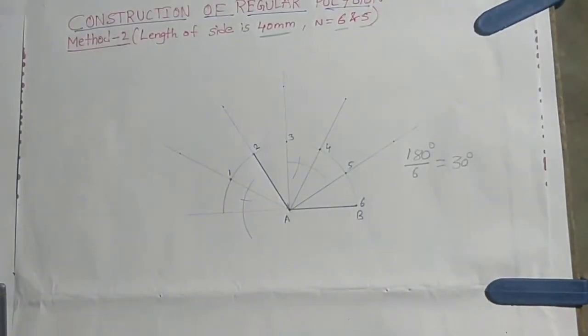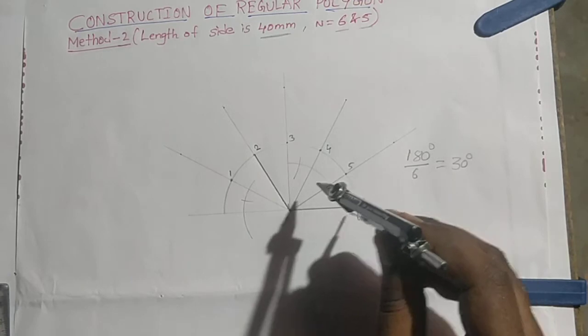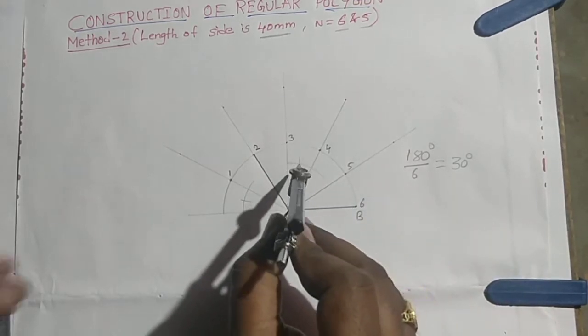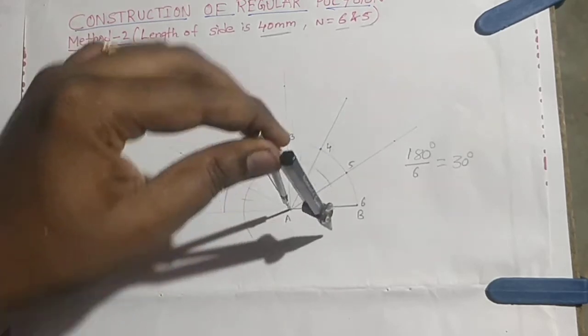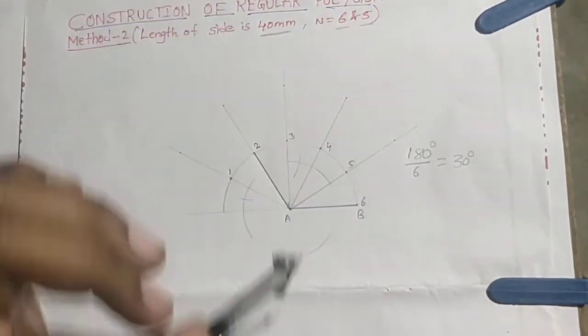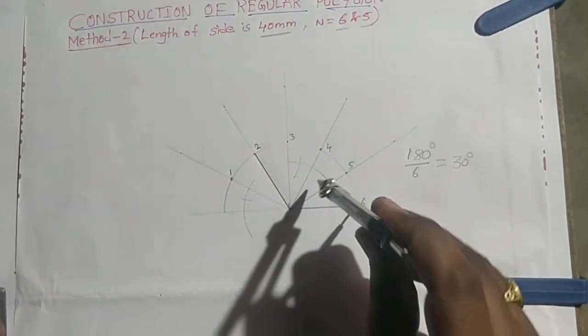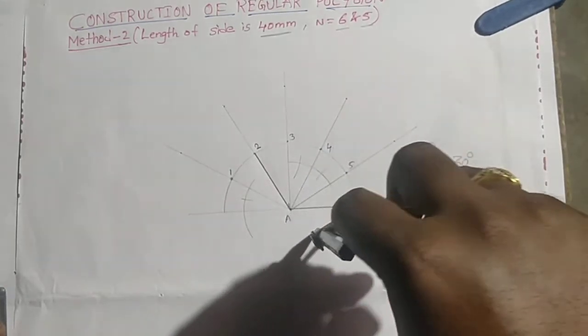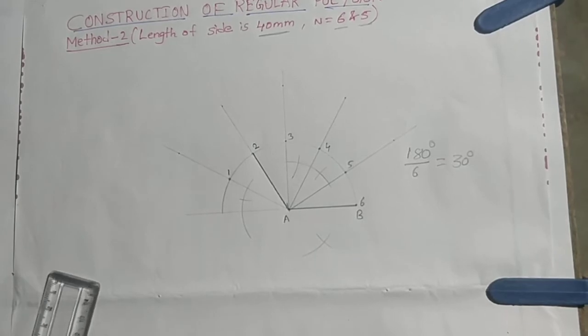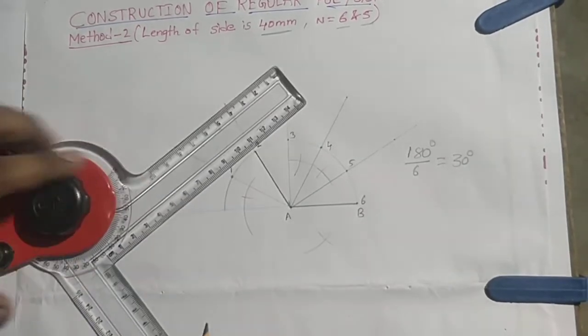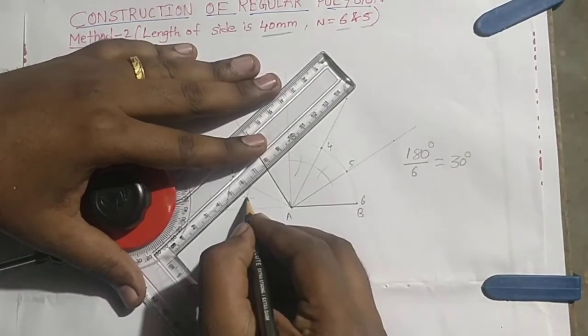We got two intersection points. Similarly from A and B also, we got 2 points. Next, join these points and we will get the bisection point.